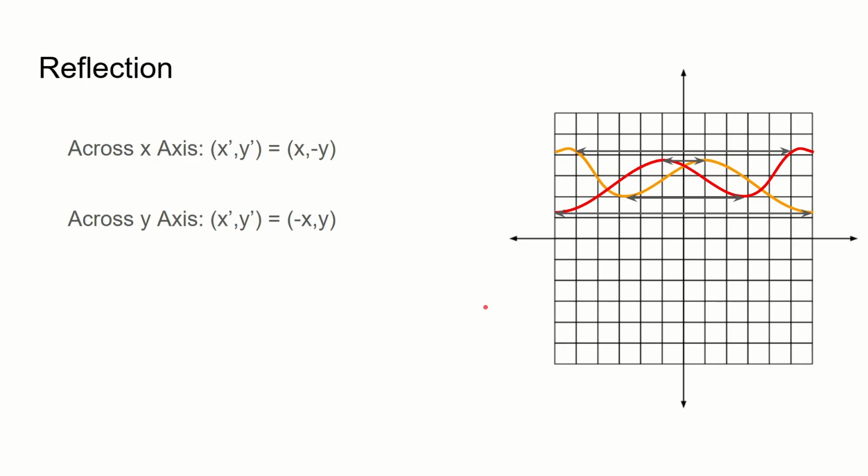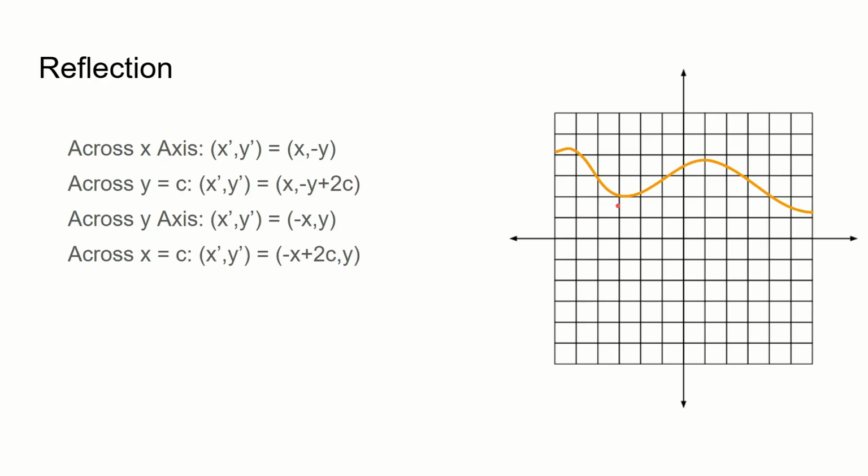But the x and y axis aren't the only things we can reflect across. We can reflect across any line. So we could even do a general line. So let's say we wanted to reflect across the line y is equal to 1 instead of the x-axis where y is equal to 0. So it would generally look like this, right?